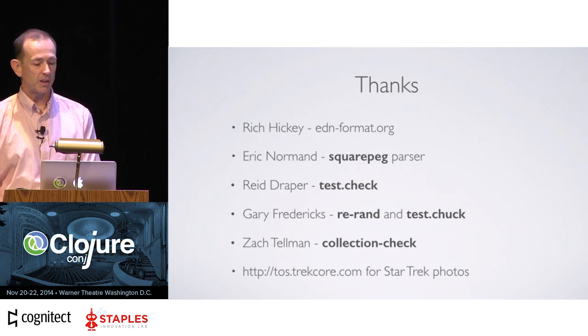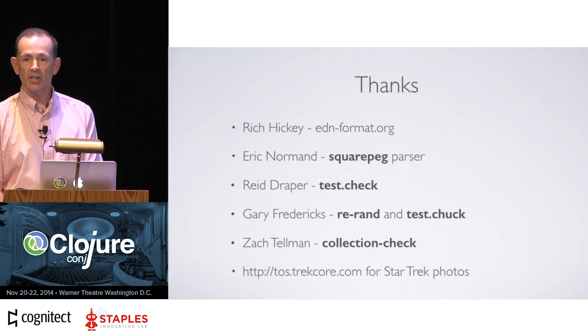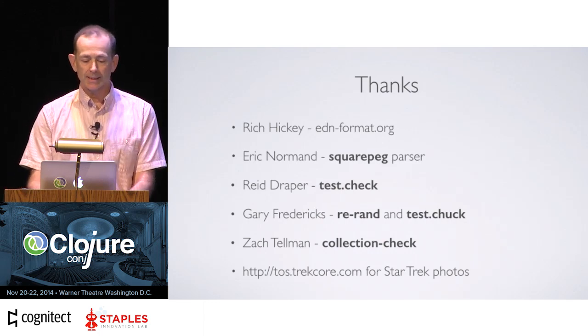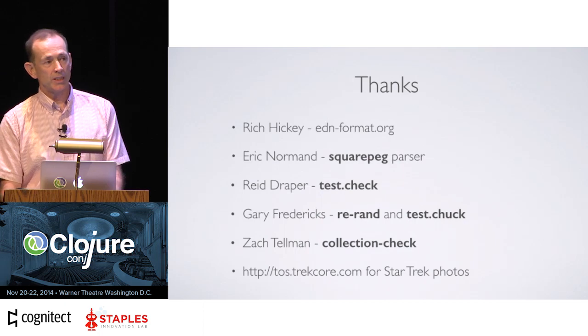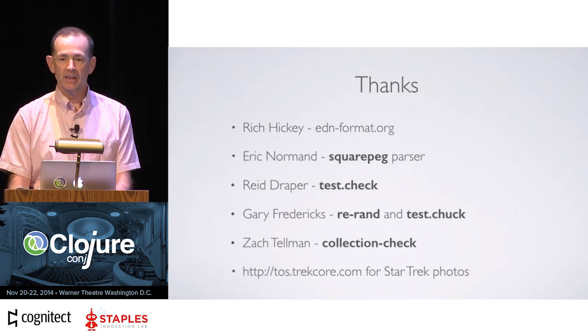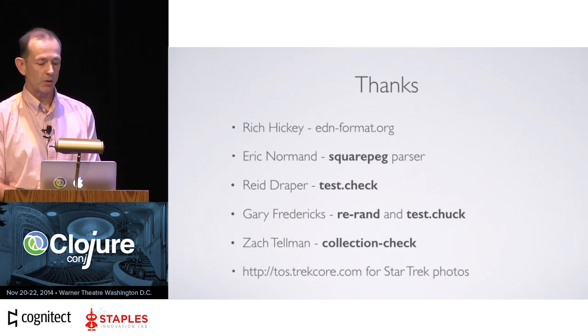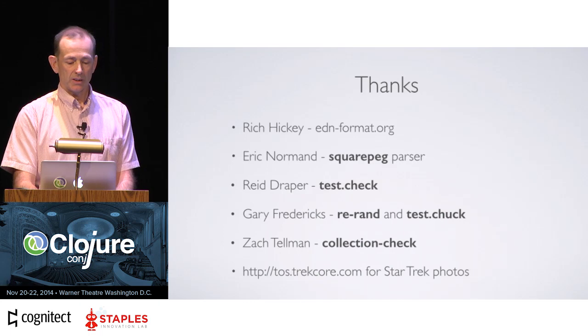Gary Fredericks gave me the regular expression generator, and he has a project, test.chuck, that's worth looking at, where he's experimenting with other generators. They might be useful to you. Zach Tellman's collection-check was really useful reading, and that caught an important bug that you may have heard about, but you can check that out. And trekcore.com gave me some Star Trek photos.